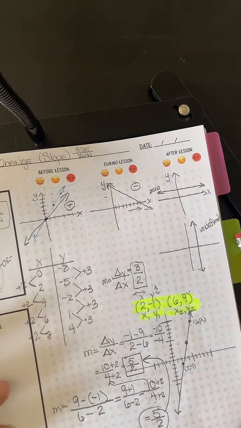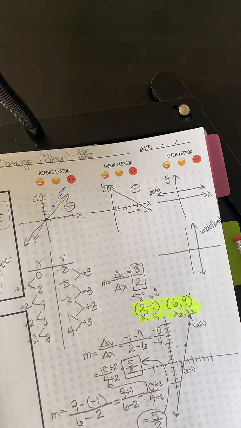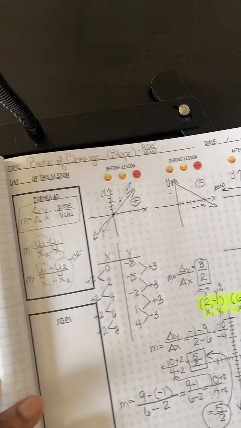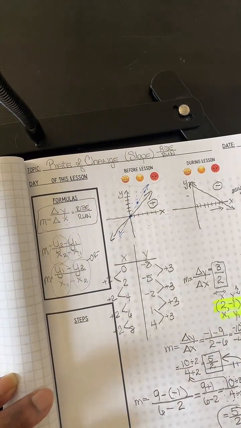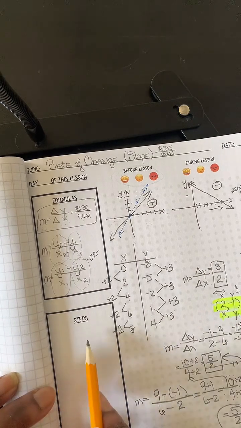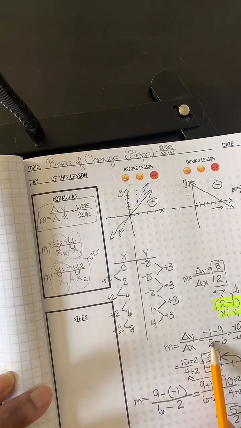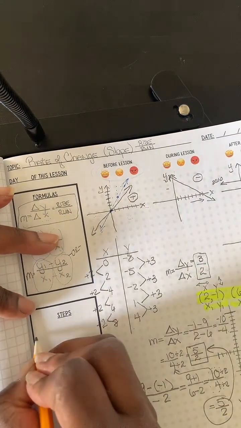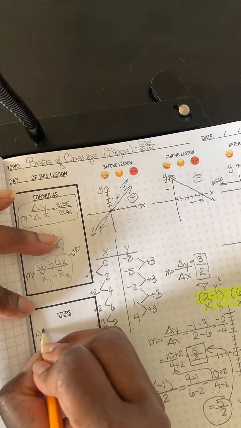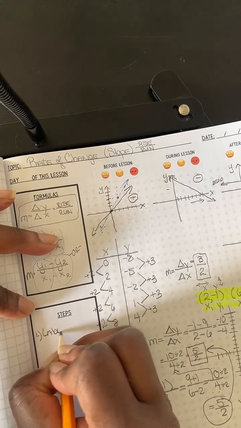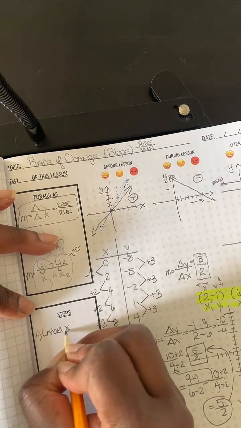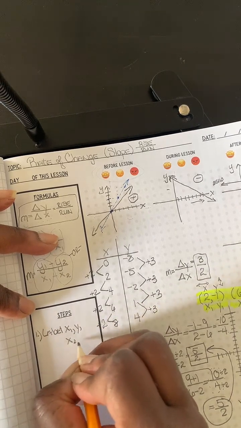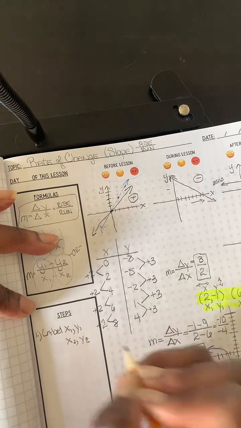All right, and this is just a sample. In the steps section, we can write out the steps on how to solve it algebraically, which means labeling. So step 1, we label our x1, y1, x2, y2.